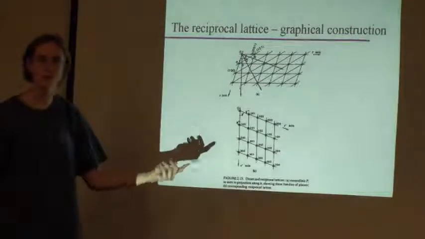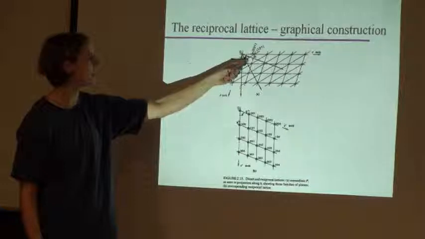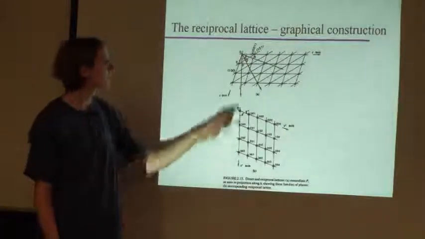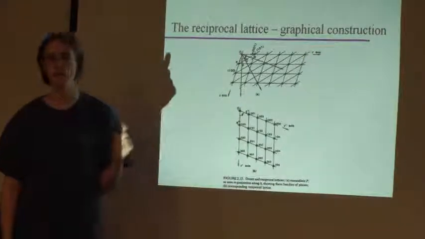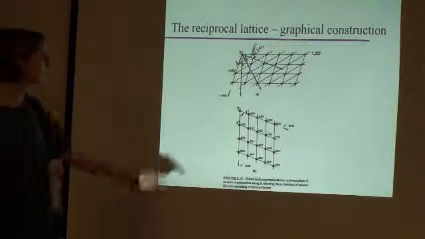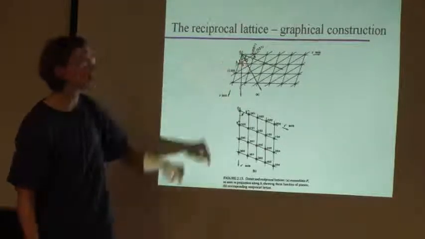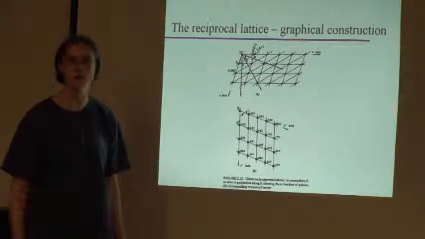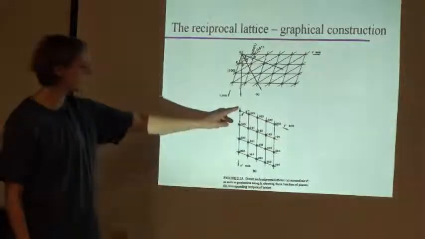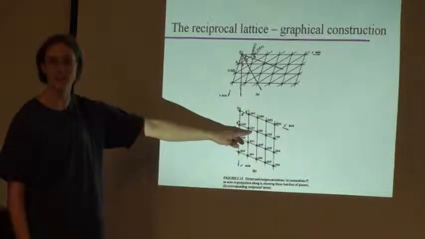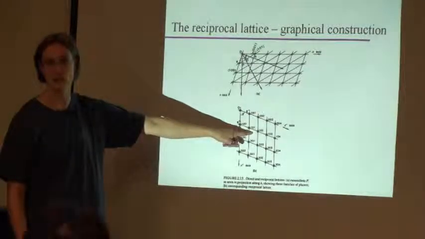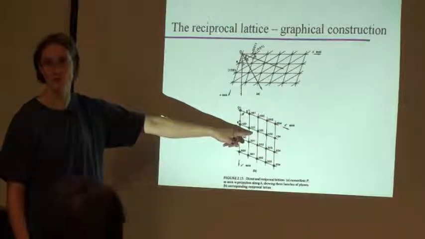Now, according to the rules of the reciprocal lattice, can I draw a normal to this family of planes? Sure. And if I know what my spacing between the 101 crystal planes is, I take 1 over that spacing, and that is the distance I have to go on this line to mark my d star 101. And what you will find is that that will correspond exactly to that point that we found without using that family of planes, if you do your drawing right, with the right measurements, okay?